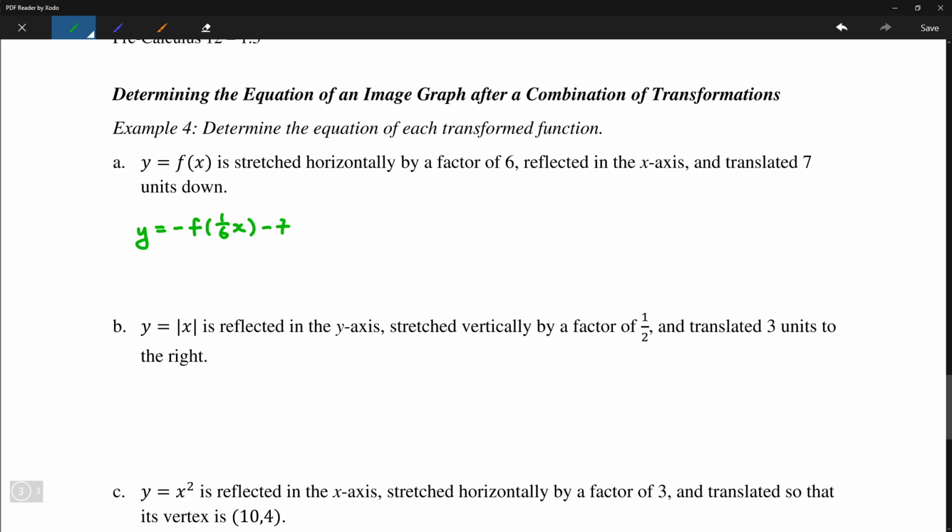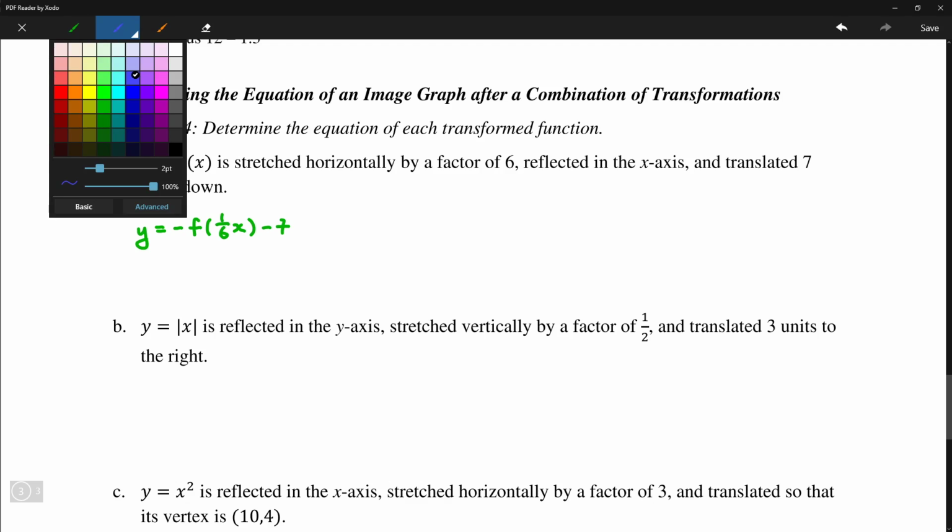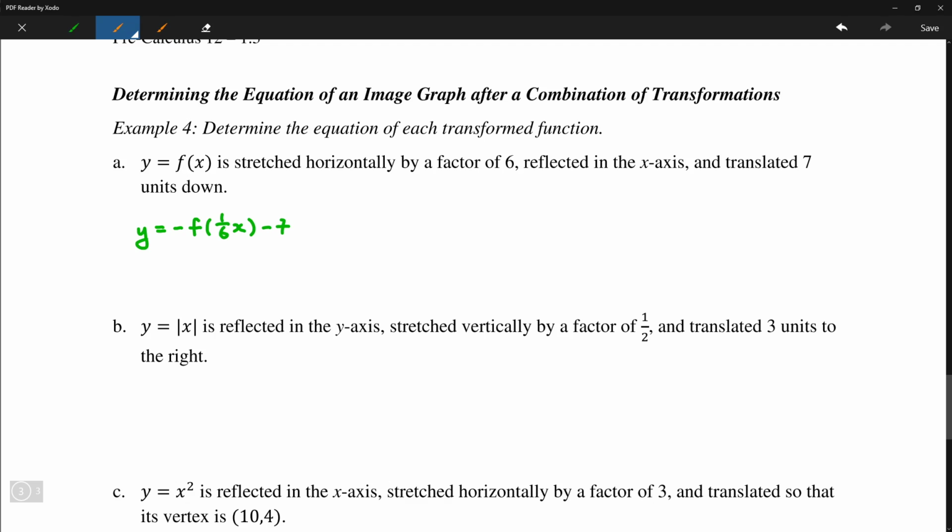Next up, absolute value: y equals the absolute value of x, reflected in the y-axis, stretched vertically by a factor of 1/2, 3 units to the right. Okay, this one's a little bit more complex, but we'll see. Y is equal to the absolute value of negative x, that's the first transformation, vertically stretched by a factor of 1/2.